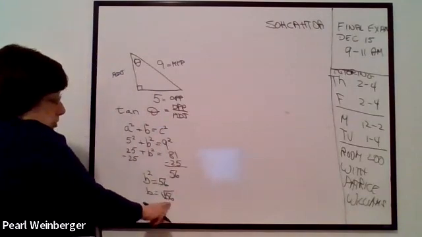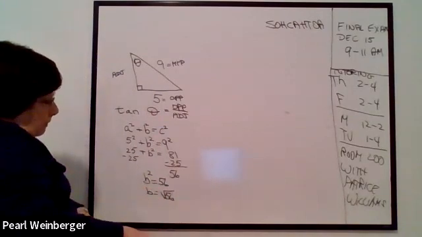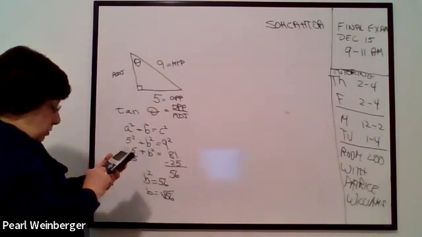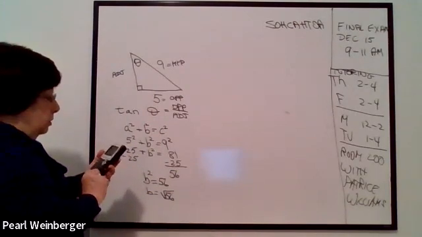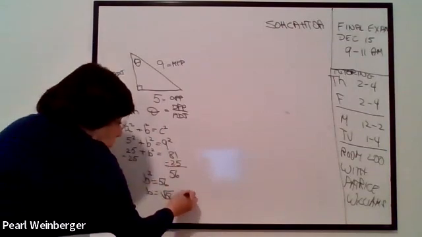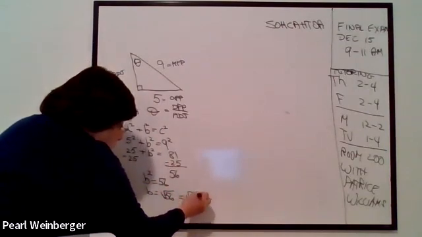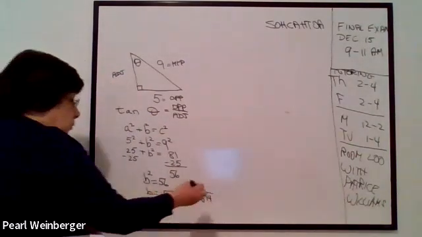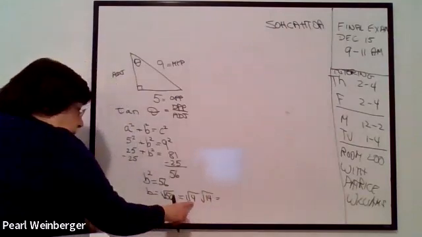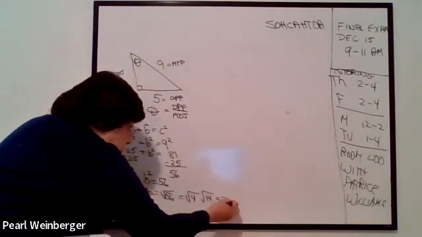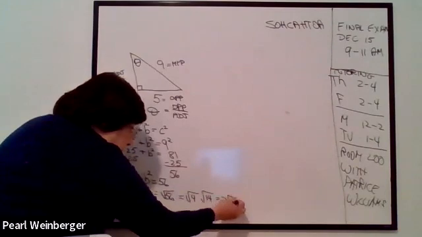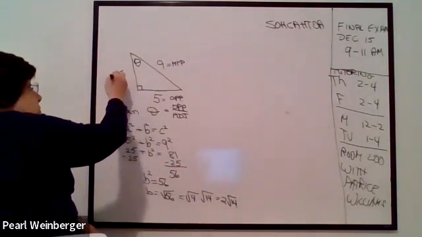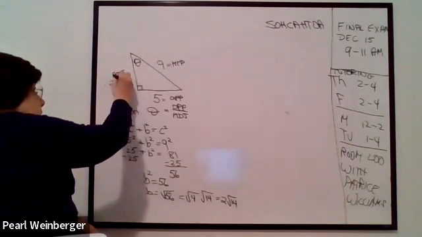And actually, this could be simplified because if we take 56, we could break it up into the square root of 4 and the square root of 14, which 4 being a perfect square becomes 2 radical 14. Remember how we did that? So this side is 2 square root of 14.